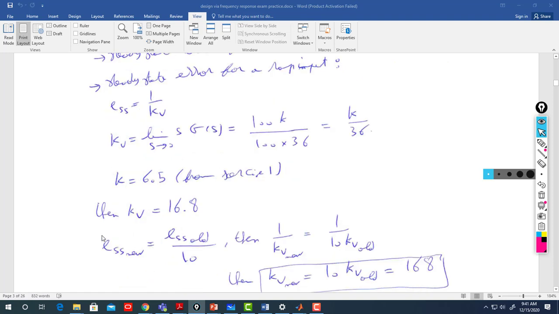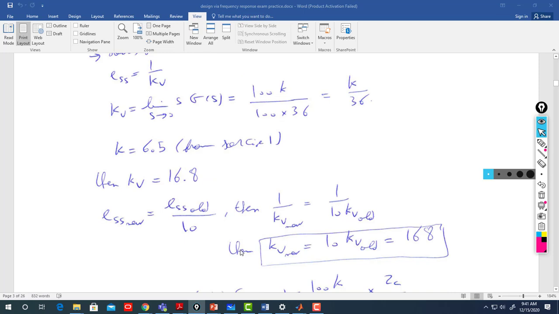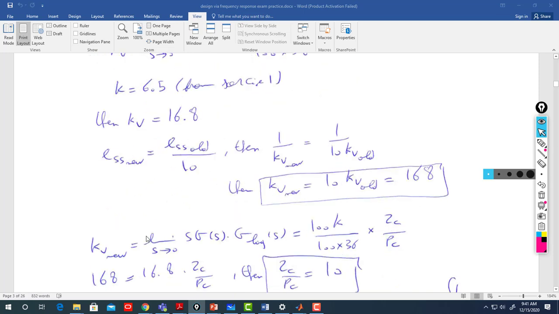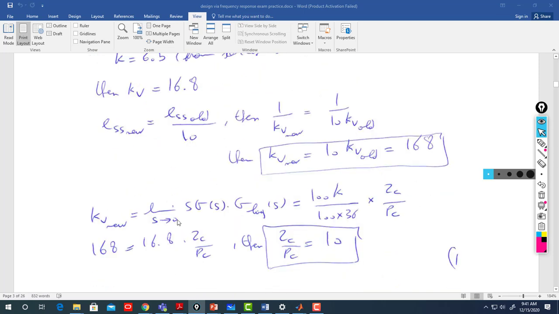Then after adding the compensator, we can find the new KV. How to find the new KV? Limit s to 0 of s times G of S times G lag. Now because you added lag compensator, you can get the relation between ZC and PC, and we obtain a relation equal 10.